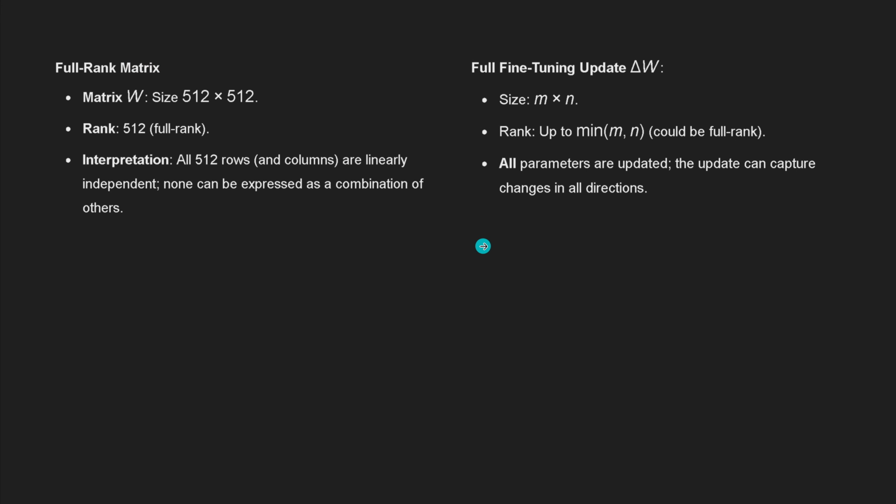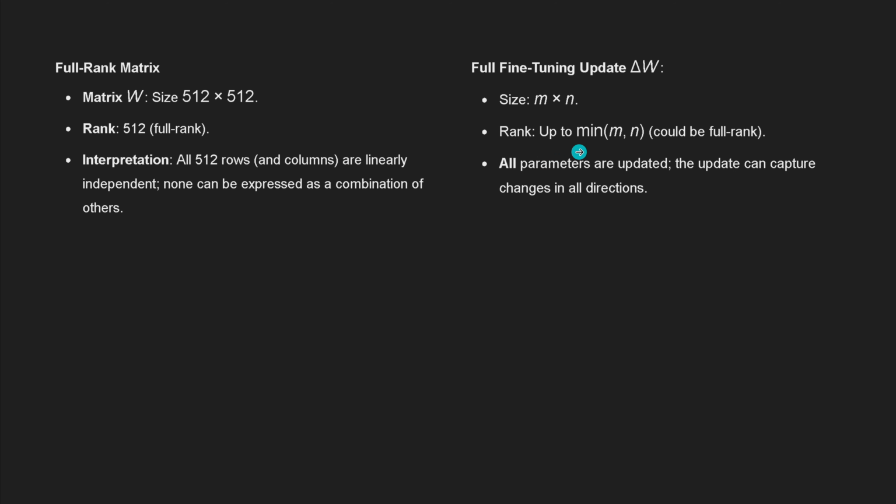Now, let me give you a very fast overview. If we do the full fine-tuning update, and we say our weight structure W0, for example, is our pre-trained model, and then we have a specific task, and we have fine-tuning datasets for this specific task, and we now use the full fine-tuning methodology, we update the weights with a tensor delta W. Now, the size of this is, of course, m times n, and the rank could be up to the minimum of m and n, so it could also be full rank.